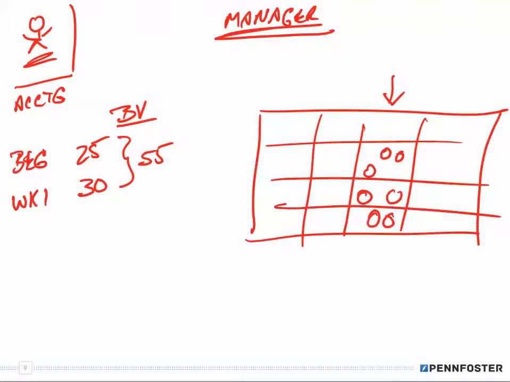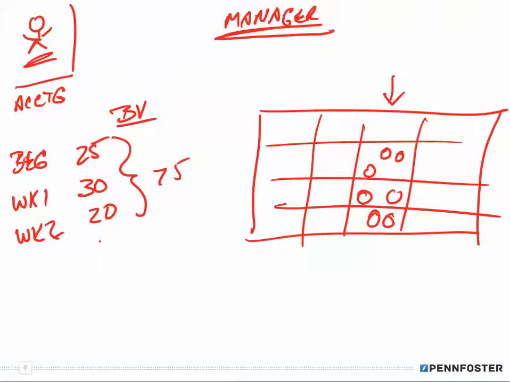And the manager says, it's the end of week 2, and we need to buy more milk, so we're going to buy, say, 20 more this week. So now at the end of week 2, my goods available for sale are not 55, they're 75: 25 plus 30 plus 20.